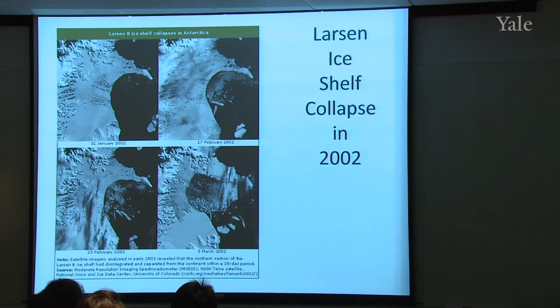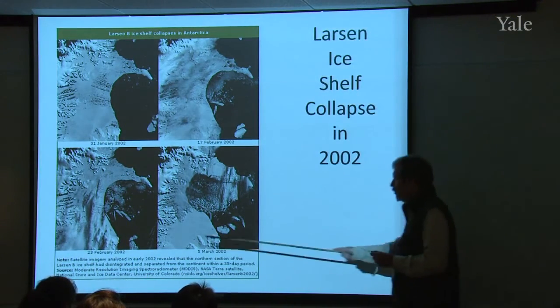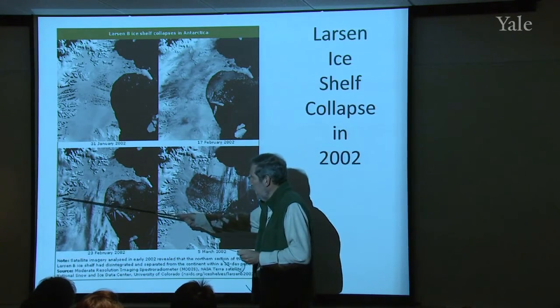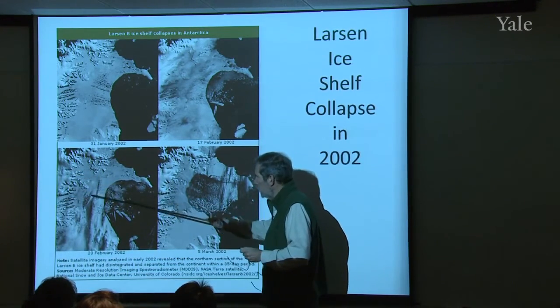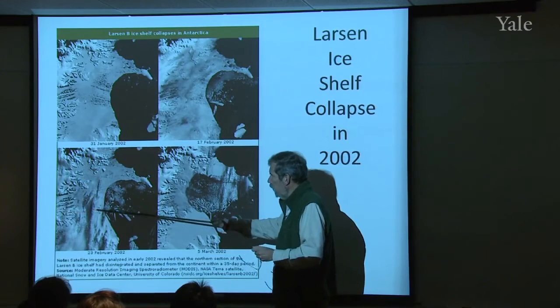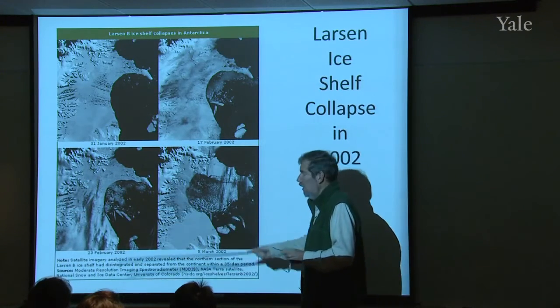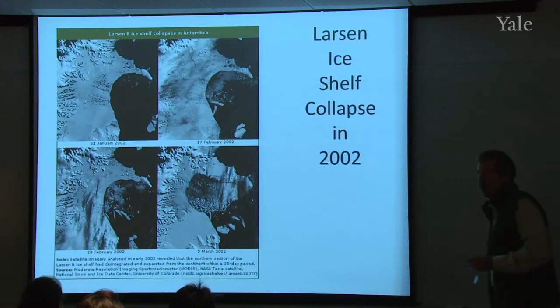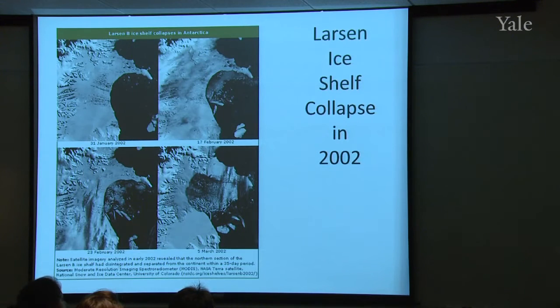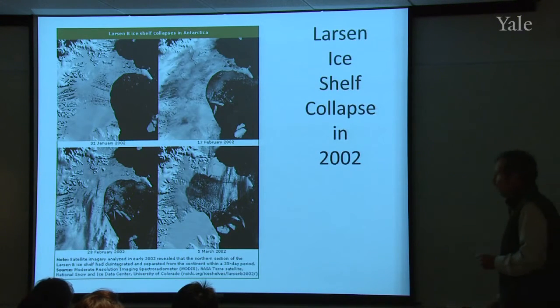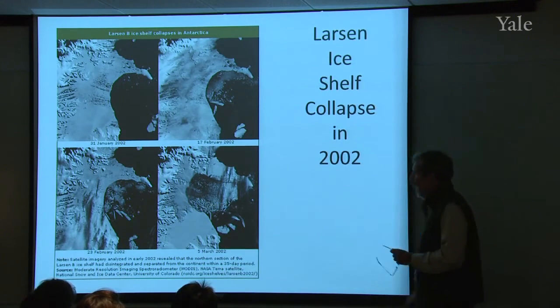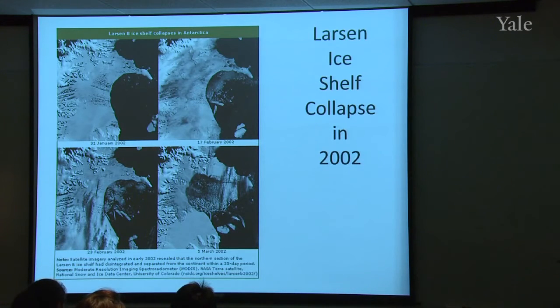Others would say, no, a catastrophic loss like this will actually have an effect back over the land and will accelerate the rate at which glaciers are flowing off the land onto the sea. So that argument's a little bit unresolved, but there probably is some climatic significance when you see a sudden collapse of an ice shelf like that, but it can be argued one way or the other. Questions there?